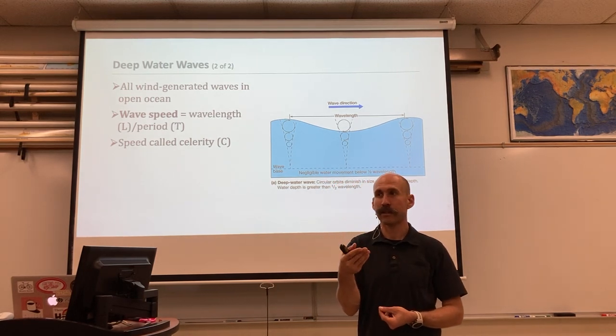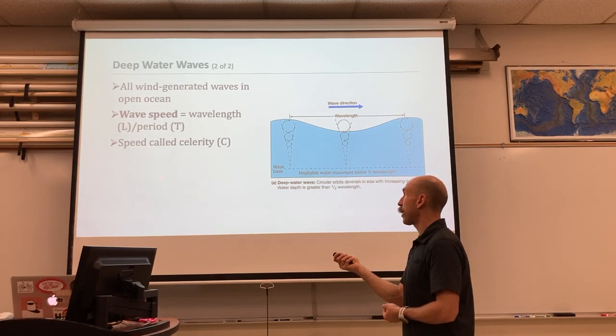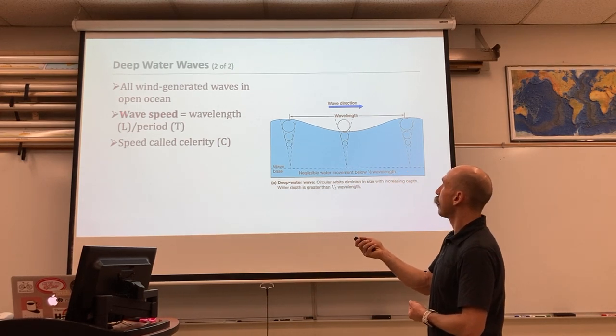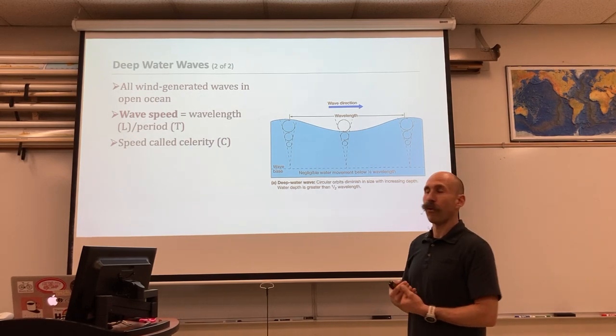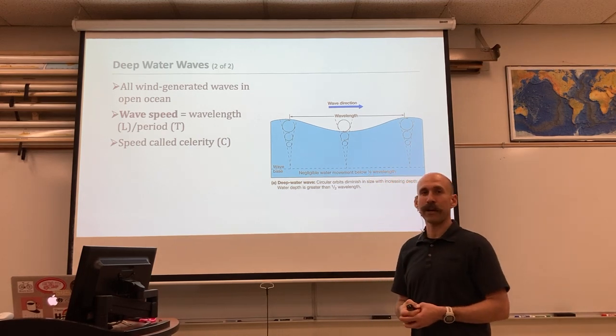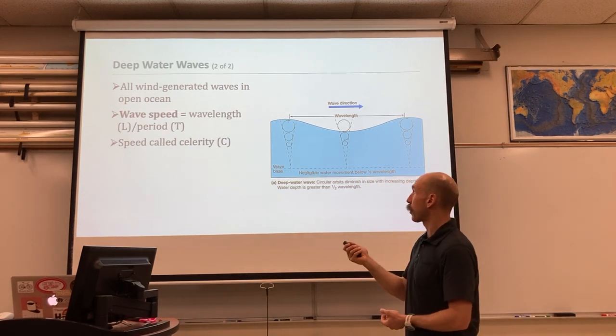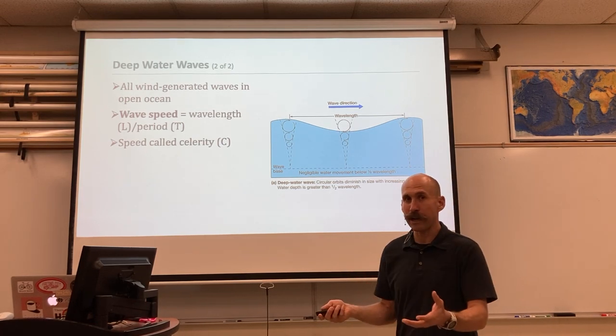It's a distance. Per hour, it's a time. It's a rate. So we could say wavelength is a distance over period, which is a time, or you could say this is in meters per second or feet per second when we're thinking about how fast these ocean waves generated by the deep sea are going.